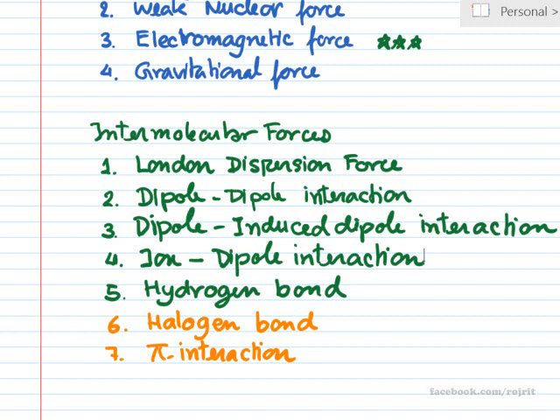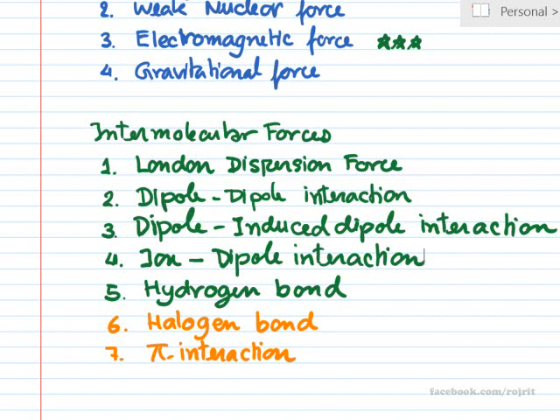It's quite similar to the hydrogen bond, but instead of using hydrogen to create the intermolecular interaction, in this case, the interaction is centralized on the halogen atom in a molecule. So it's a kind of electrostatic thing as well. And the last one is called pi interaction.